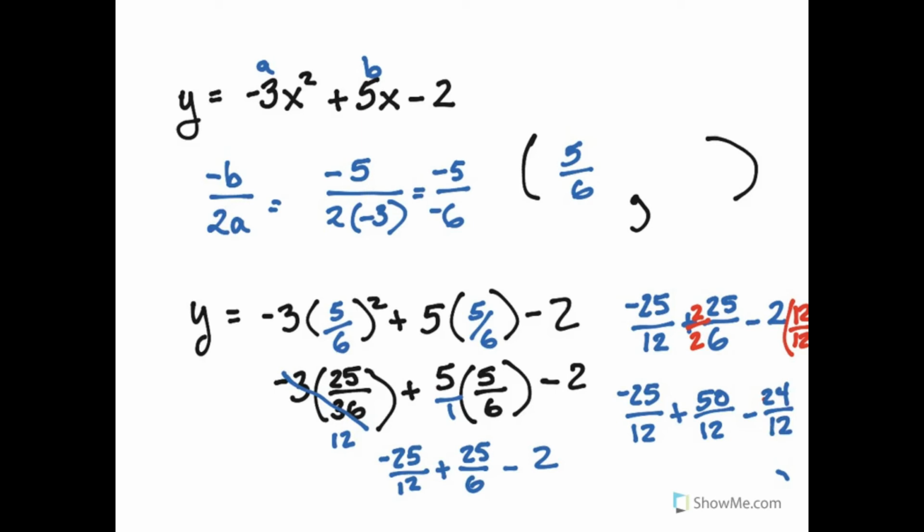Minus 25 plus 50 gives me 25, and 25 minus 24 is 1, so 1/12. 1/12 is the y-coordinate of the vertex.